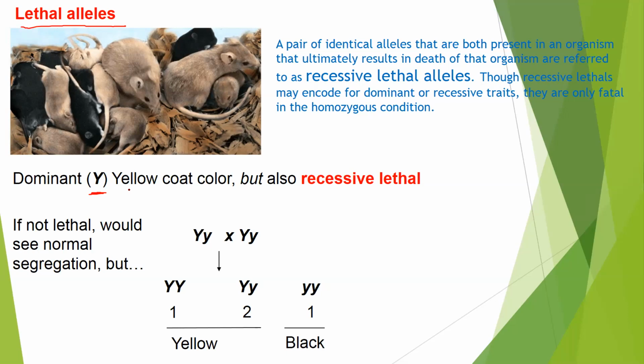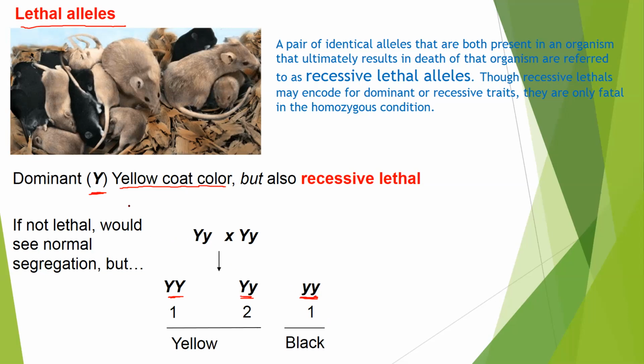In terms of this phenotype, the coat color, the capital Y is the dominant. This will give a mouse a yellow coat color. So that's why this one is yellow, and this one should be yellow, and this one should be black. So homozygous little y will give a black coat for a mouse.